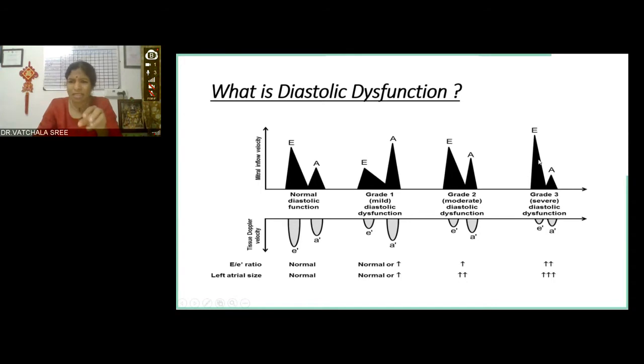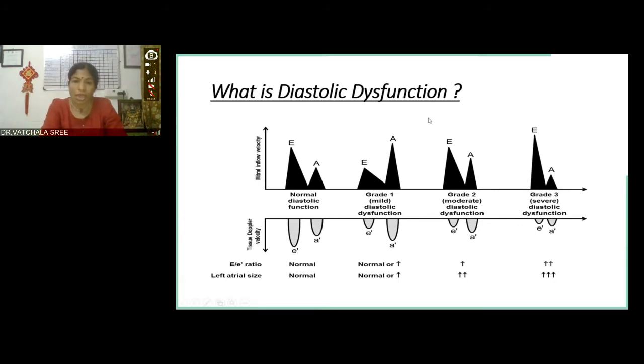The reason I mention the atrial contraction first is that the A wave being small and the E wave being tall doesn't mean that more blood is going into the LV than normal. It's not like that. It can be even a little bit of blood, but that is more than what is contributed by the atrial contraction, and hence the difference in the E/A velocity.